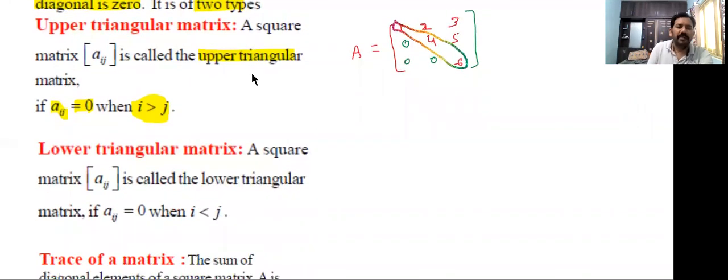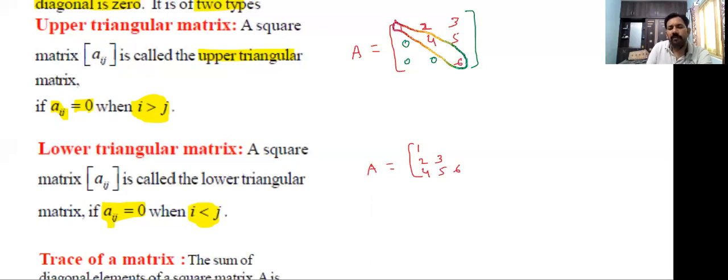But for the lower triangular matrix, here one condition is given: Aij is equal to 0 when i is less than j. So I am going to write an example.